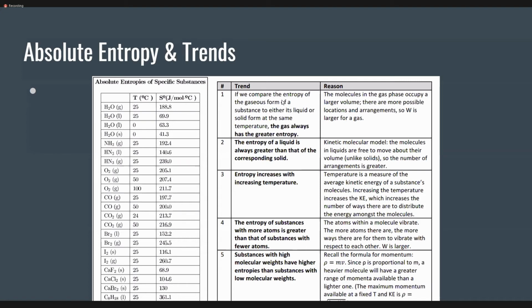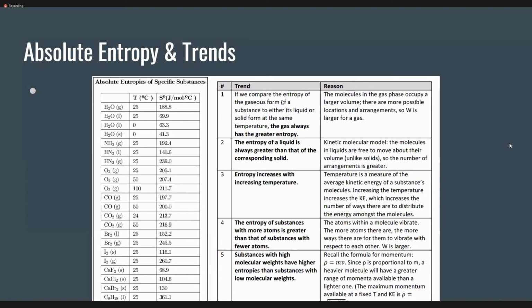So solid, liquid, and gas, we know that gases always have the highest entropy because they have the greatest degree of motion and a lot of variety in how molecules can be positioned, their speed, all of that. And the same thing, liquid has more entropy than a solid, same reason as why gas has more than a liquid. And then entropy also increases with increasing temperature.